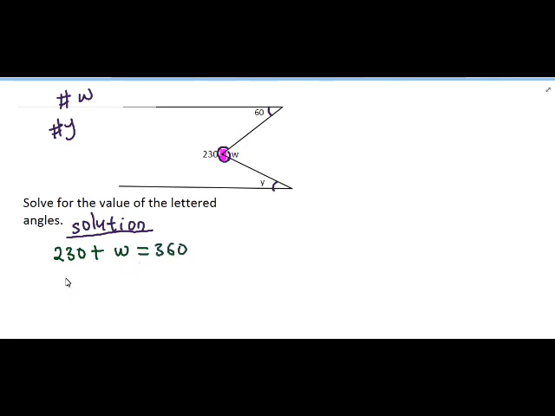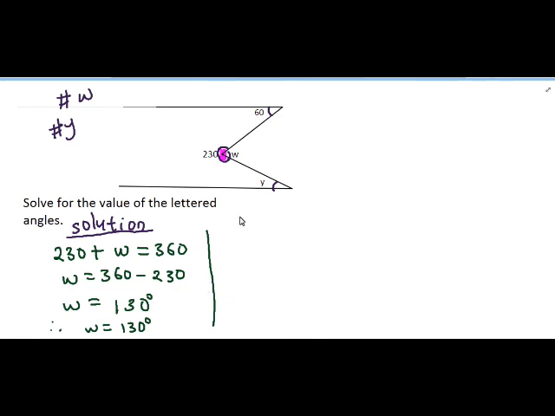So to find W, we collect like terms: W equals 360 minus 230. So W gives us 130 degrees. Therefore W is equal to 130 degrees. So we found our W. How can we get Y right now?